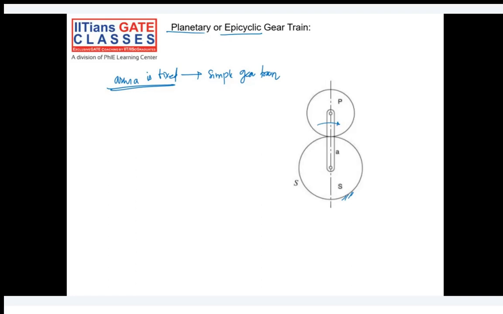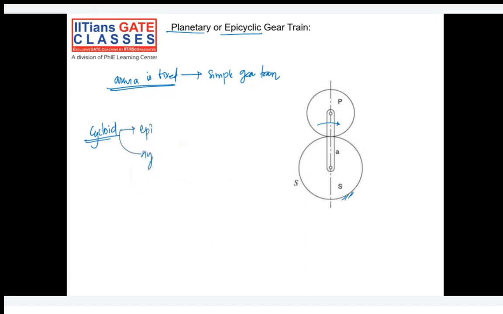Do you remember epicycloid? I have explained the term cycloid. A cycloid is a curve traced by a point on the circumference of a circle when it rolls without sliding on a flat surface. But a cycloid can be either an epicycloid or a hypocycloid.